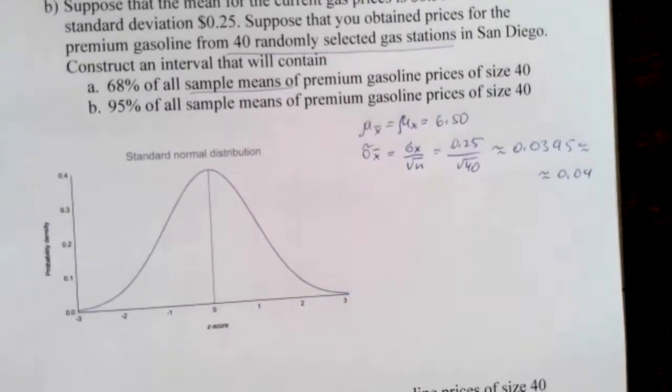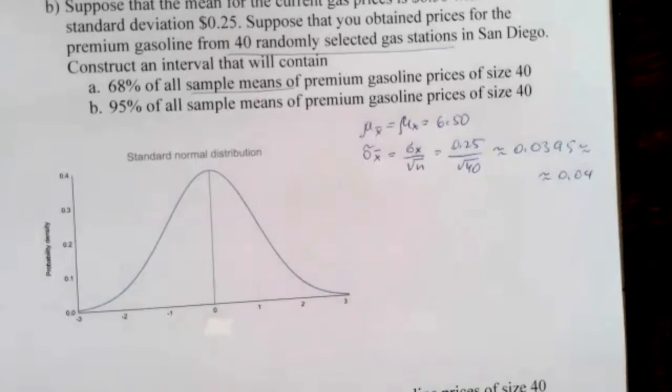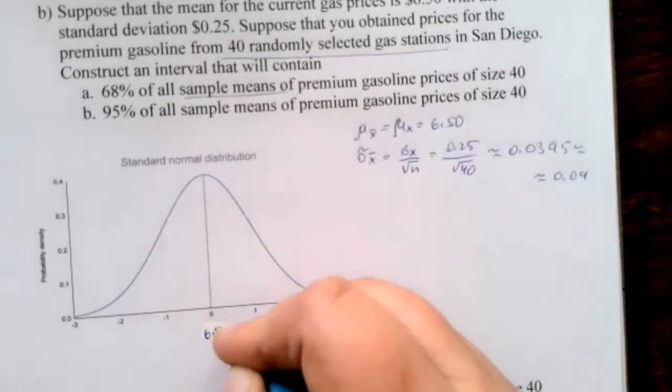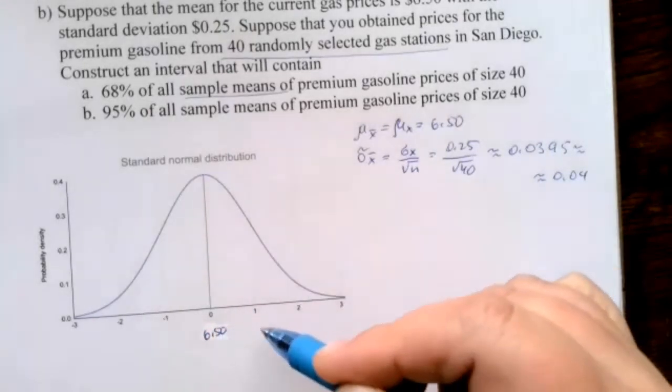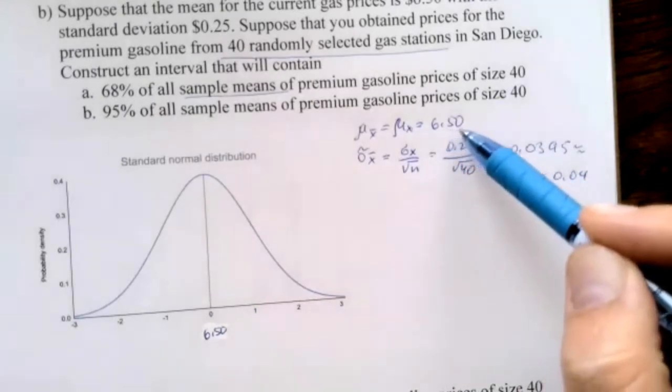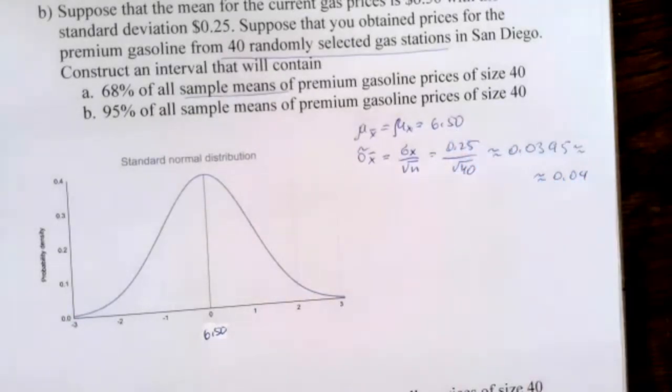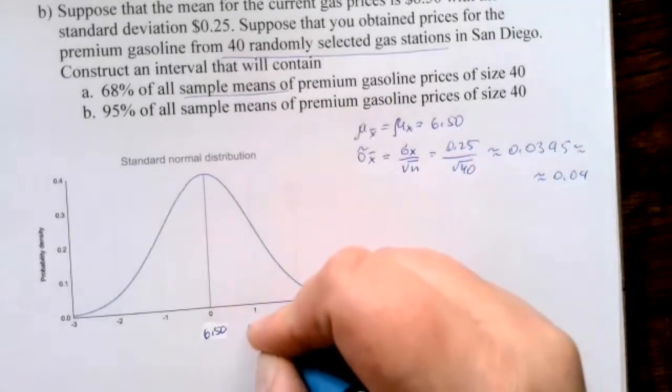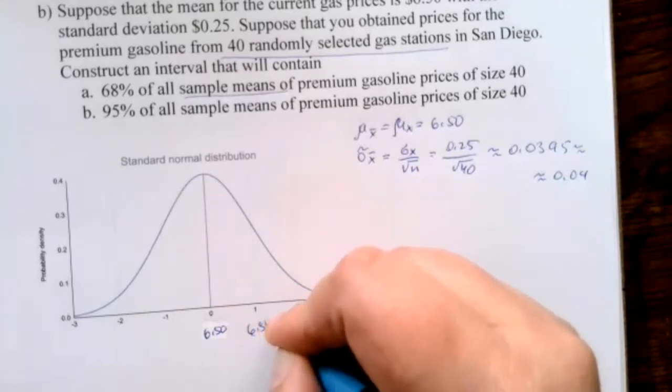Okay, so what do we have? Let me write down the values on the bottom of this distribution. So for the mean, we still have 6.50, but one standard deviation to the right is going to be 6.50 plus 0.04, which will give us 6.54.